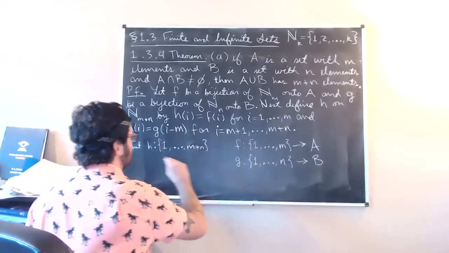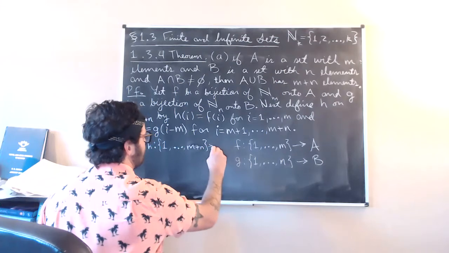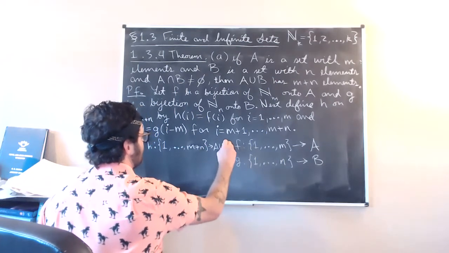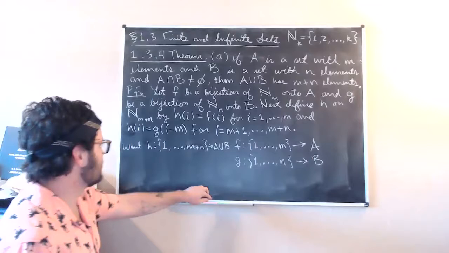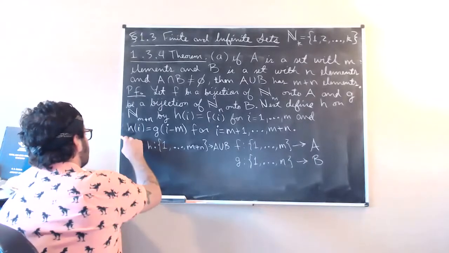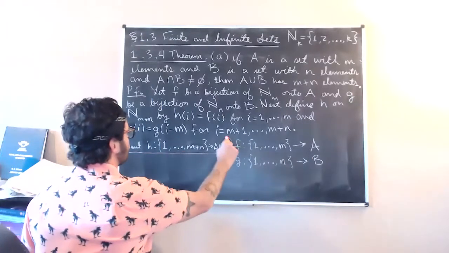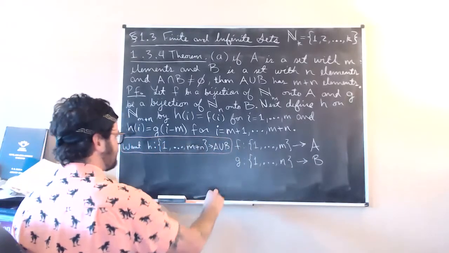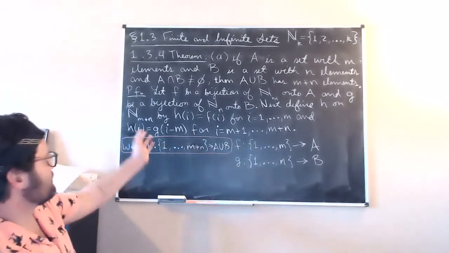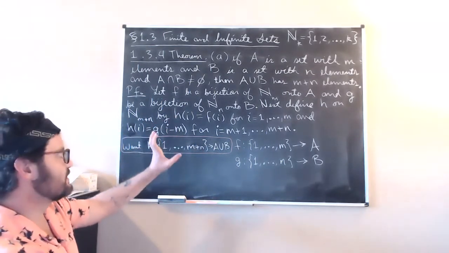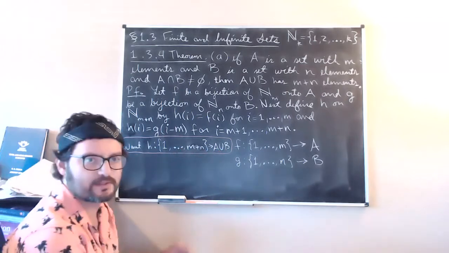We want that to map to A union B. We want that to be a bijection. So this is what we want. Okay. So is H doing that? So first off, is H a function from this set to that set?